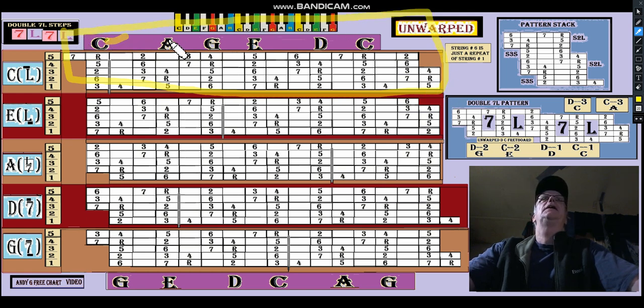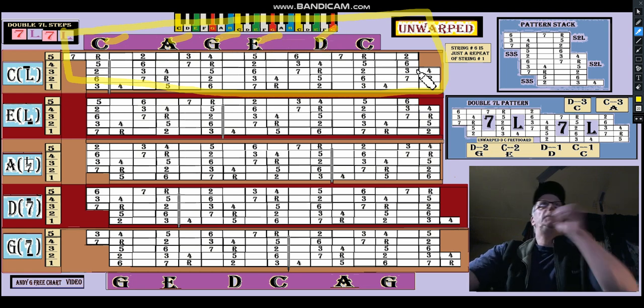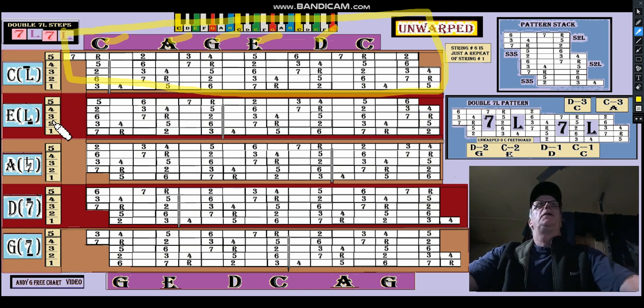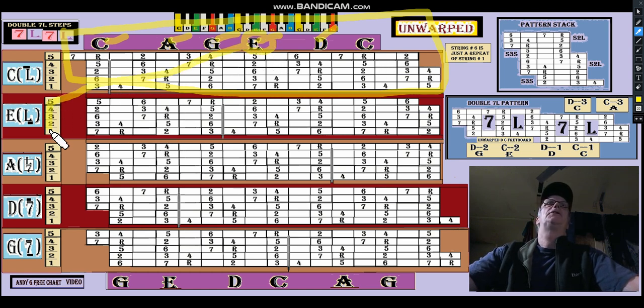The C, A, G, E, and D applies only to the top one. Now, the next one down starts on the E shape. Notice we have 6, 7R here, and we got 7R there, right? 7R2 here, 7R there, and there's an E there. That E becomes this guy over here. Okay?